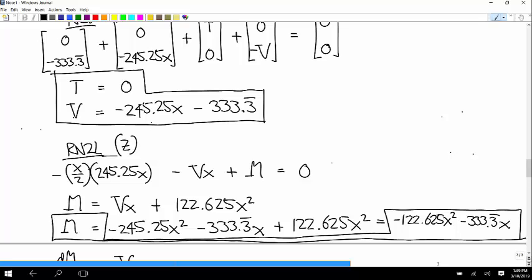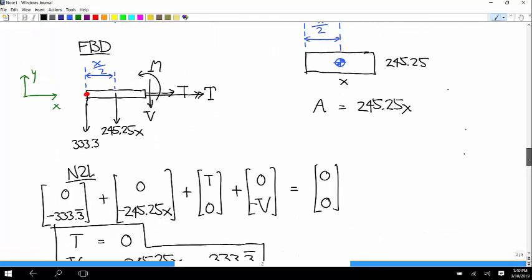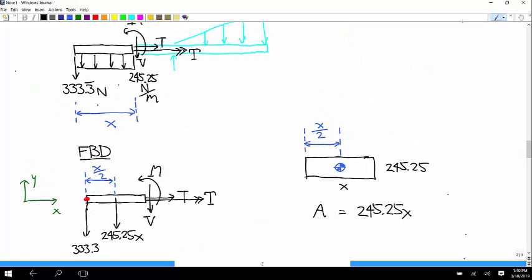And the derivative of V has to be equal to the negative downward distributed load. So the derivative of this with respect to x is negative 245.25. Multiplied by negative 1 gives you positive 245.25. And that's the downward distributed load.